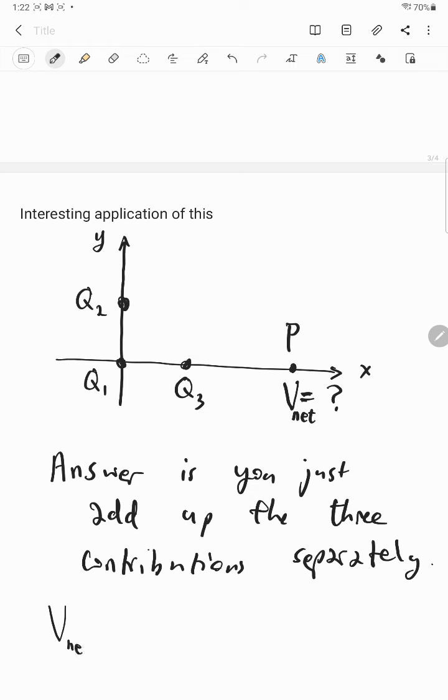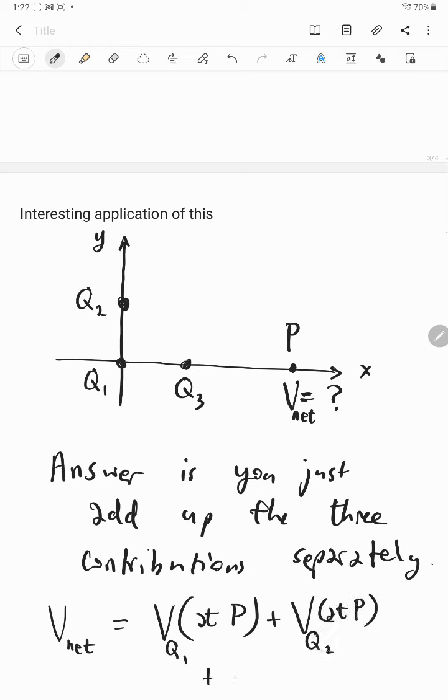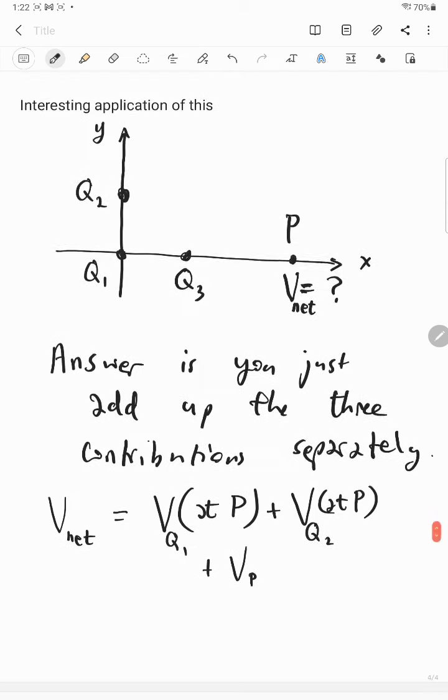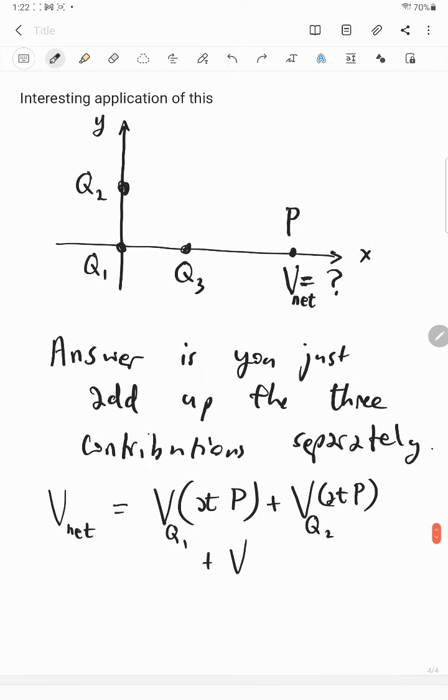So V net would equal V at P due to Q1 plus V at P due to Q2 plus V at the same place P due to Q3. And this is the superposition principle for electrostatic potential, right? So that'll be the net potential at P.